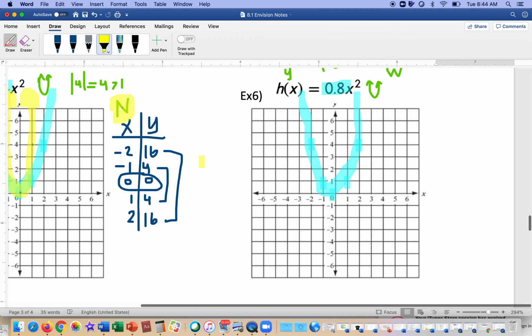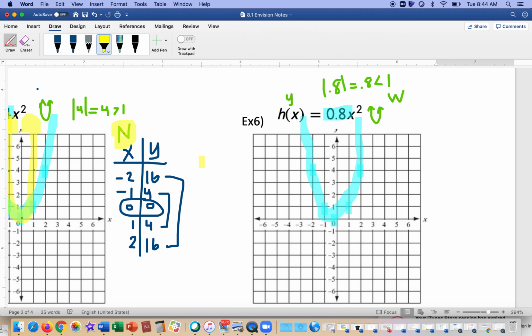Okay, so for this next one, we make our table. And we put our vertex in the center.